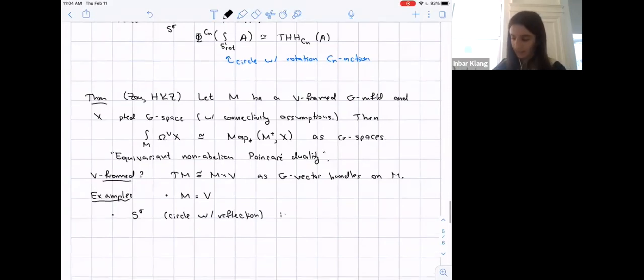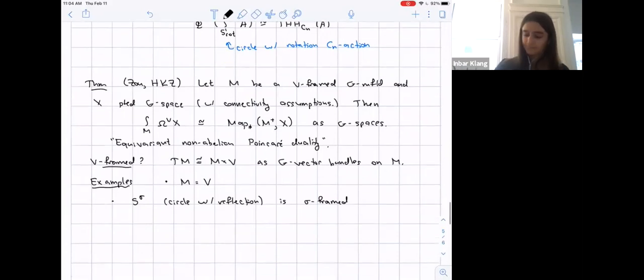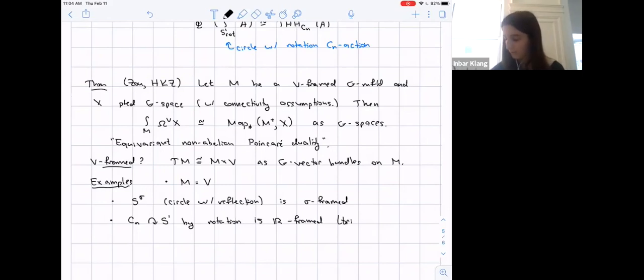This is sigma framed. If you let C_n act on S^1 by rotation, this is R framed. By R, I just mean the trivial representation.